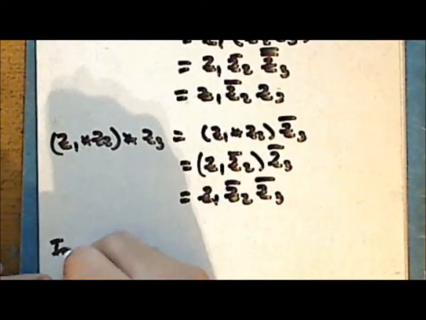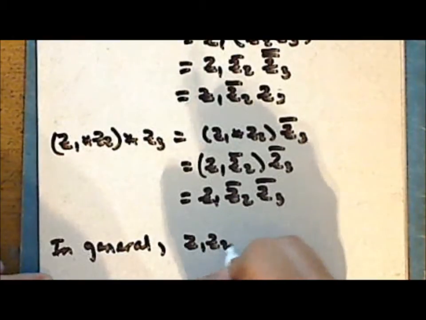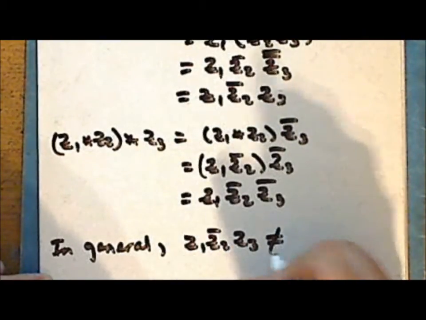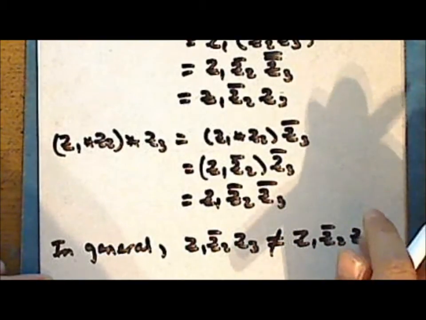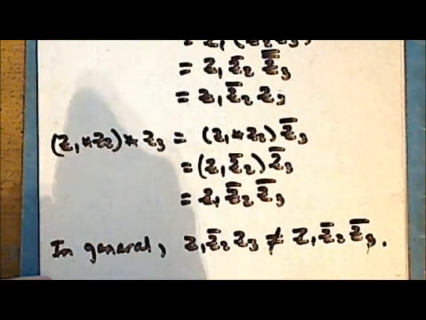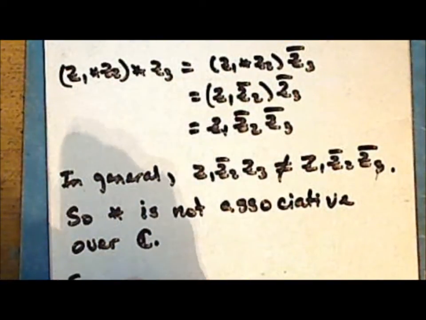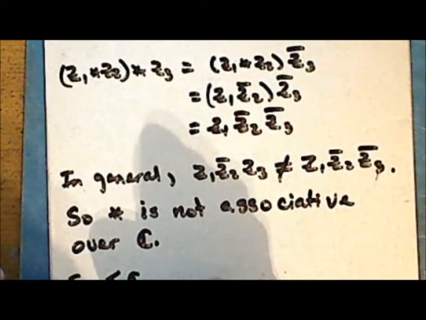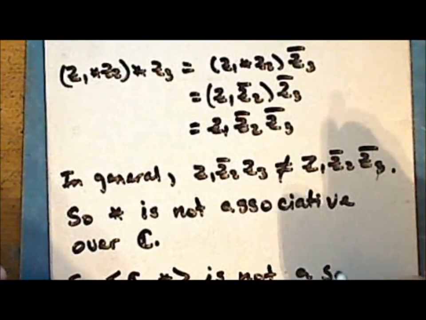Now, in general, Z1 times the conjugate of Z2 times Z3 is not equal to Z1 times the conjugate of Z2 times the conjugate of Z3. And so the operation star is not associative over the set of complex numbers. And so the structure consisting of the complex numbers together with this operation star is not a semigroup.